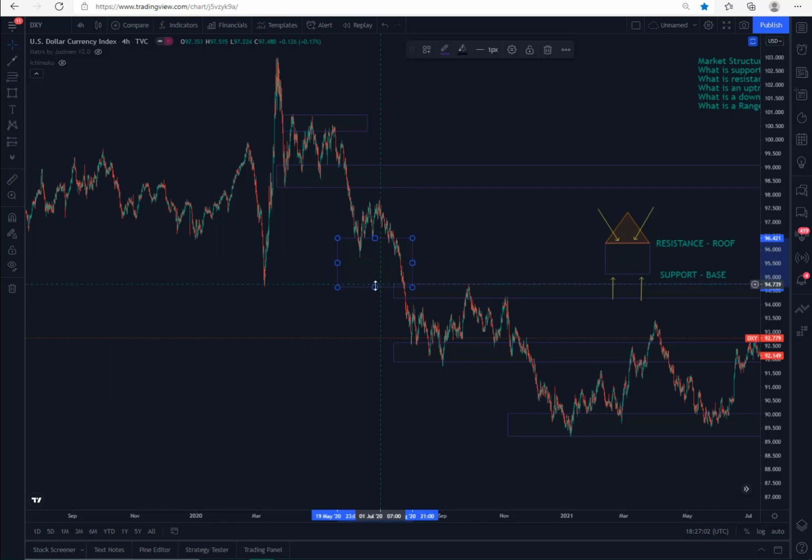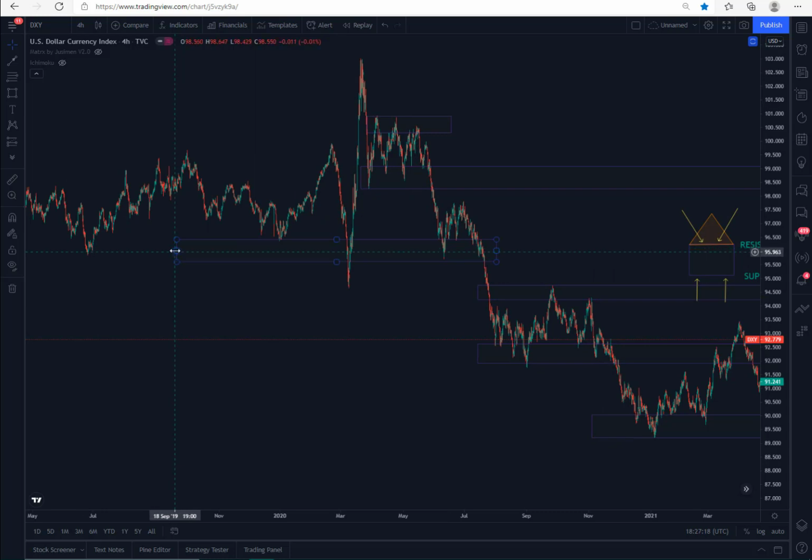So if I extend this to the left, you would notice that in the past, this was also a really relative area of support. You can see it's clearly demonstrated over here.